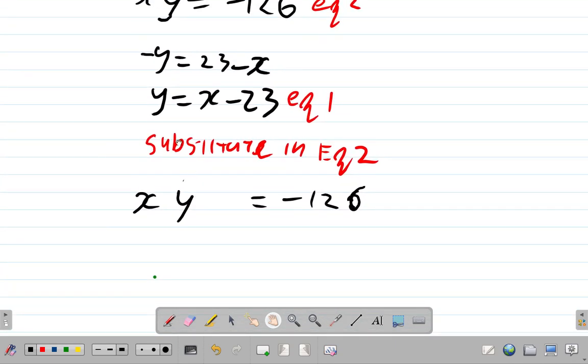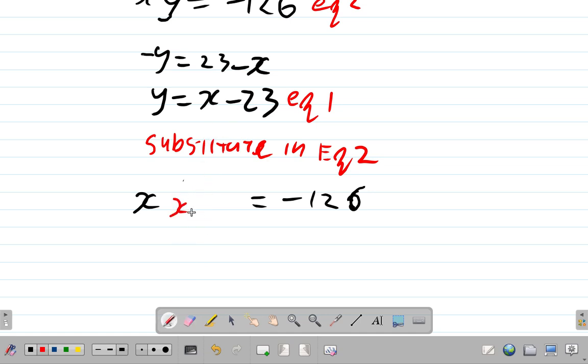So what do we do? We know that y is this. So why not take out y and put what y is? Alright, let's do that. Remove the y and substitute for y.